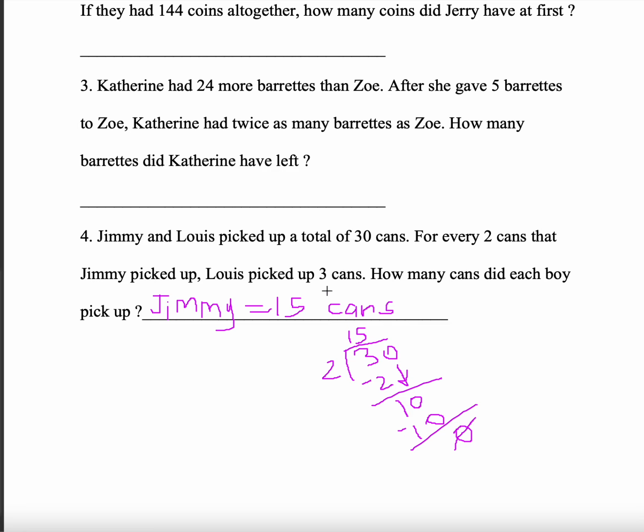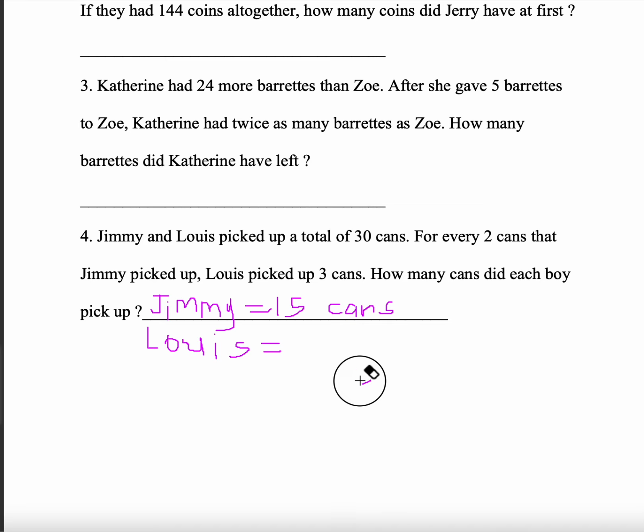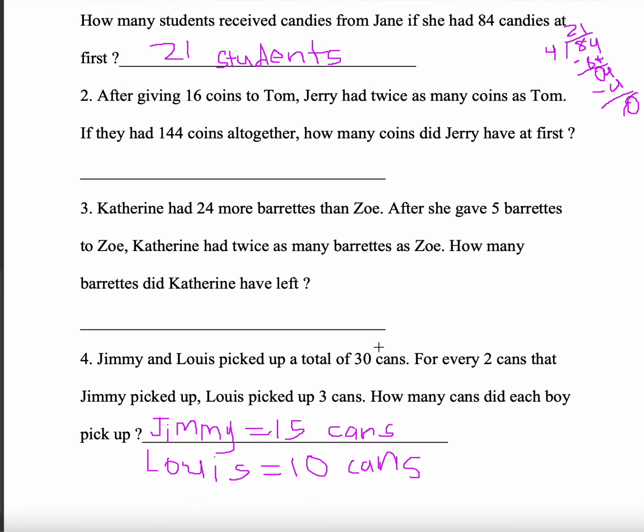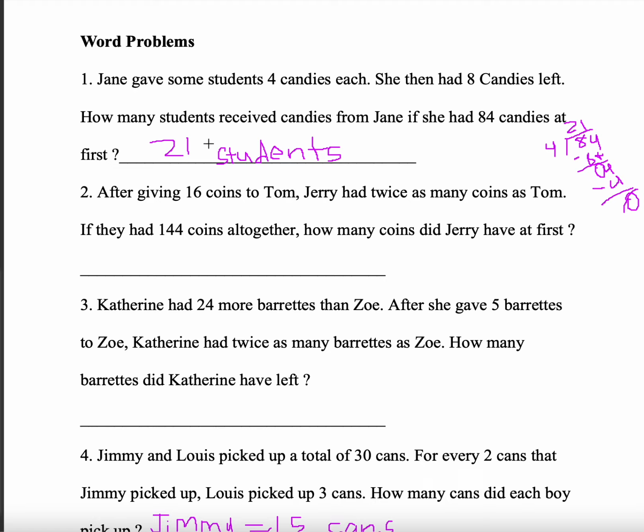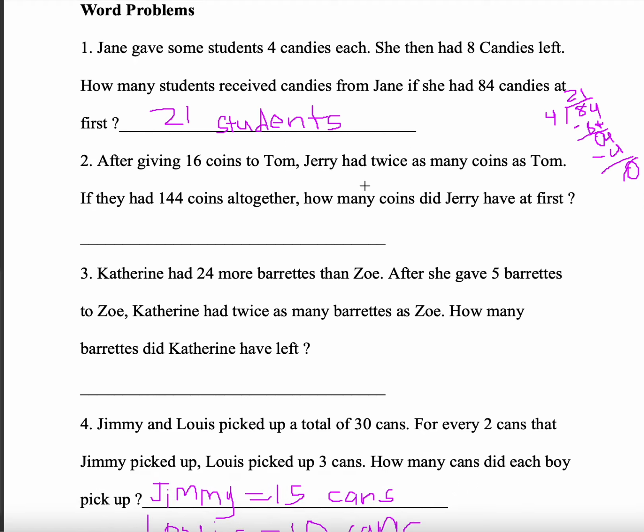So that means Lewis picked up 10 cans. And here, Jane gave candies to 21 students.